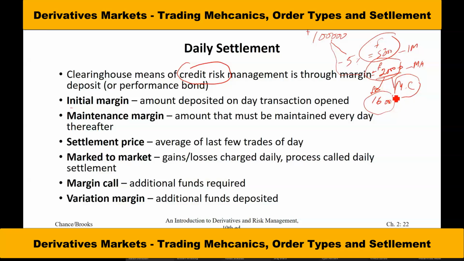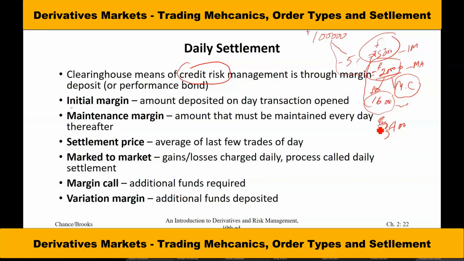In the stock market, the margin call will be 400. So I will only have to deposit 400 to get back to the maintenance margin level. But in the derivatives market, the margin call will require you to deposit 3,400 pounds so that your margin goes back to the initial margin.